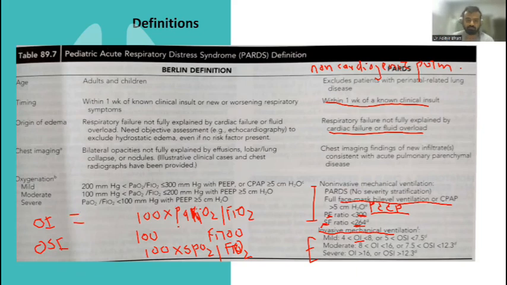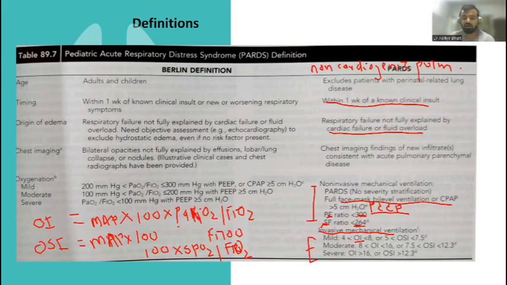It is 100 into PaO2 divided by FiO2, into mean arterial pressure. MAP into PF ratio is OI, and MAP into SF ratio is OSI. MAP is mean arterial pressure.